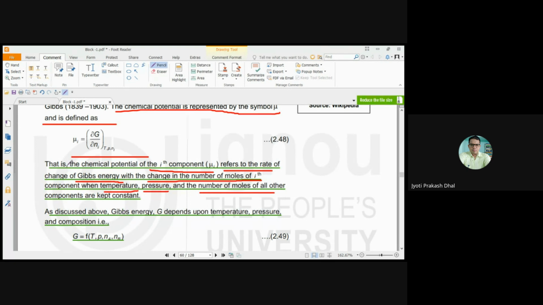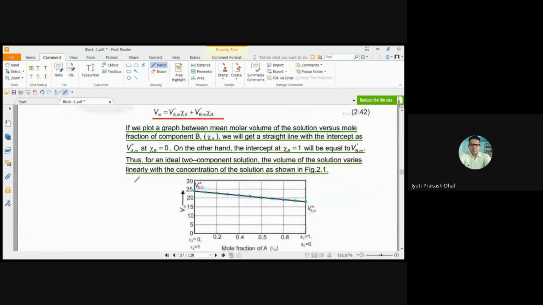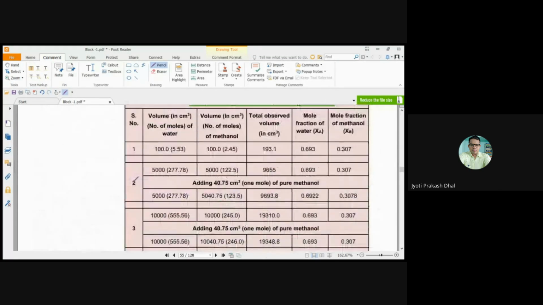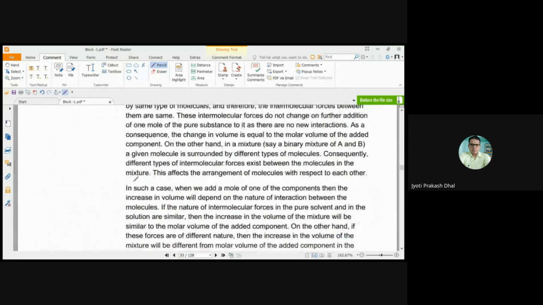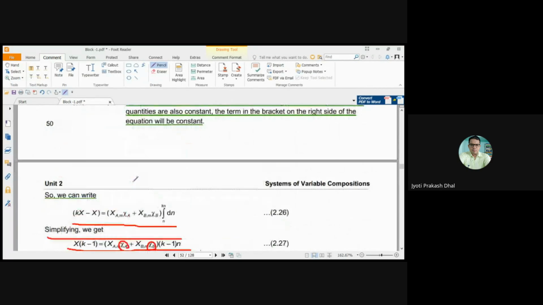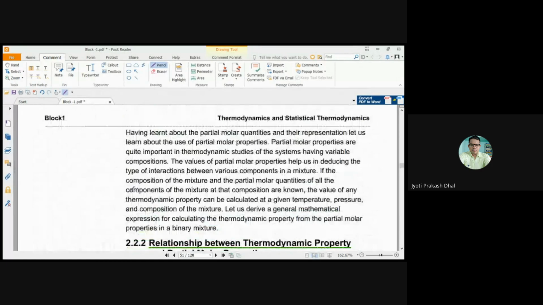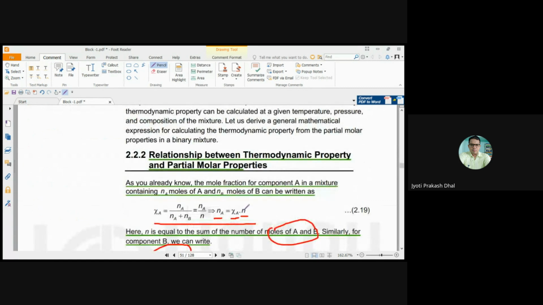This term is derived from the X we have discussed here. All the derivations we have discussed are for X, where X means any extensive property. Now in place of X we are considering the energy.